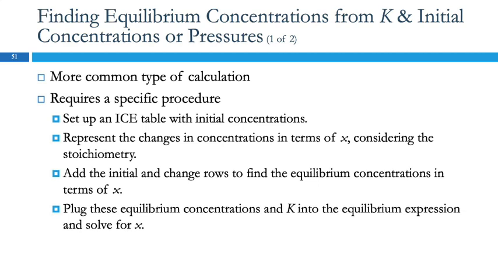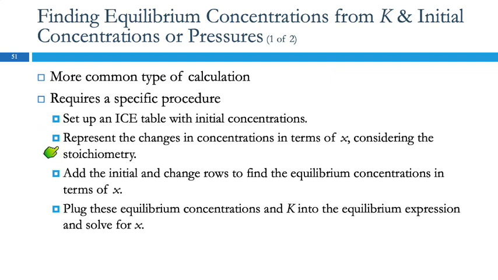Okay, this is the more common type of calculation. We've got initial concentrations or pressures, and we know what the equilibrium constant is, but we have no information about concentrations at equilibrium. So this requires a set of steps. First, we're going to set up an ice table with the initial concentrations.